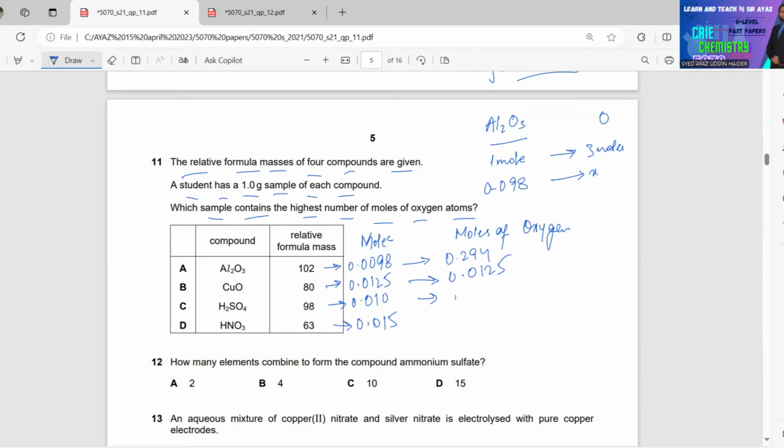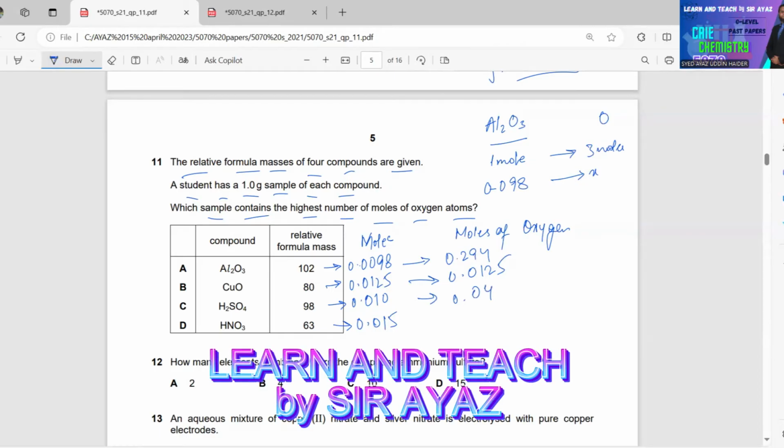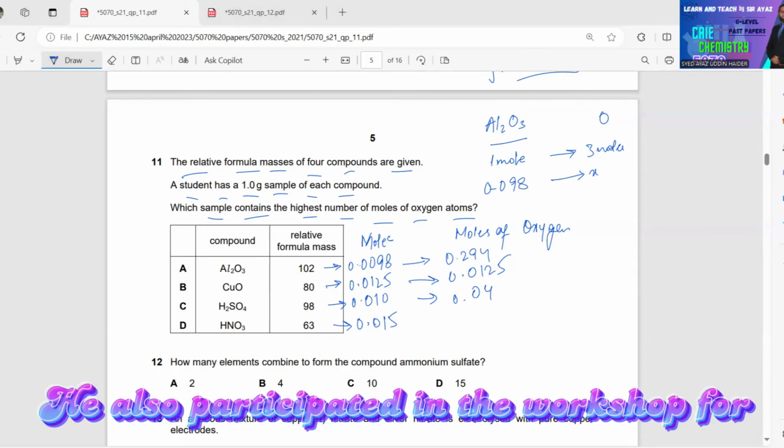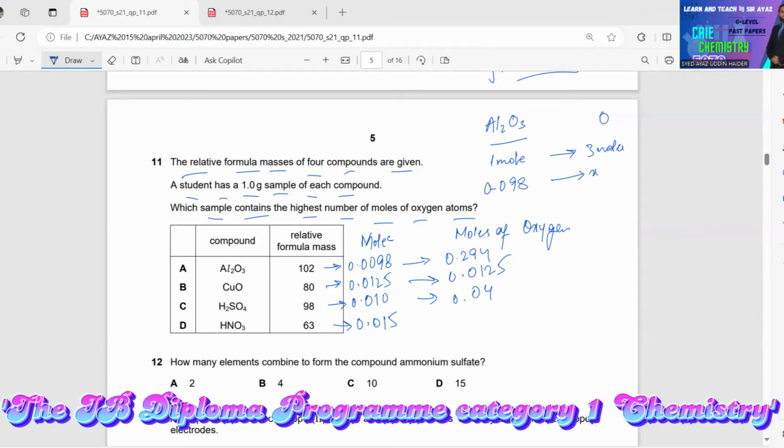So you will get 0.04. What about HNO3? 1 mole gives 3 moles, so 0.015 gives 0.045. So D must be the right answer for number 11.